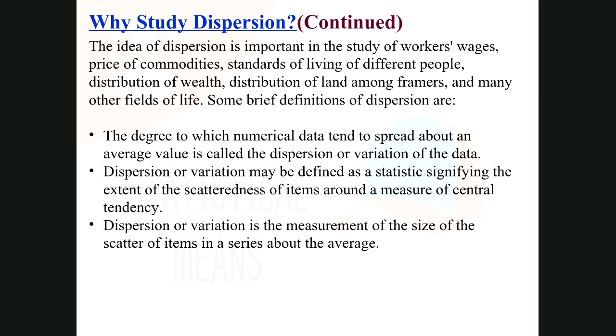The dispersion or variation may be defined as a statistic signifying the extent of the scatteredness of items around a measure of central tendency. And the dispersion or variation is the measurement of the size of the scatter of items, series, about the average. So everything is always coming back to the mean. You want to see how much variation there is about the mean.